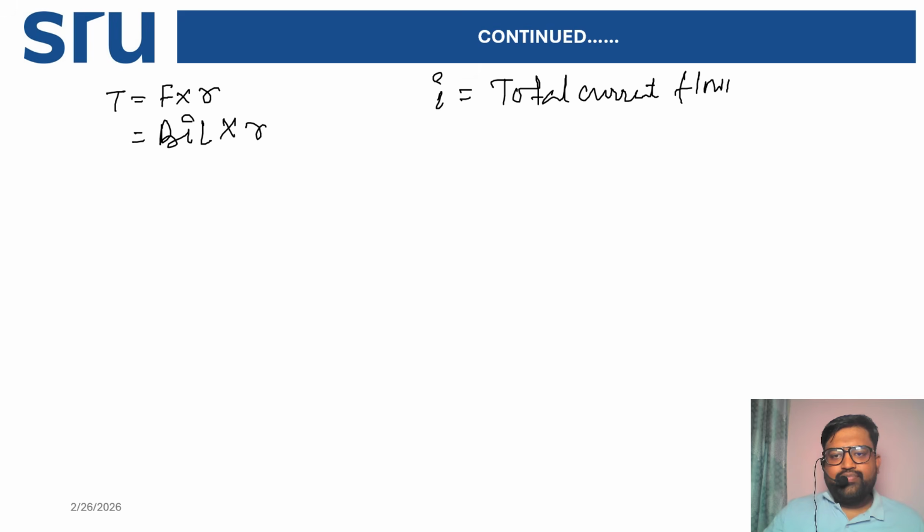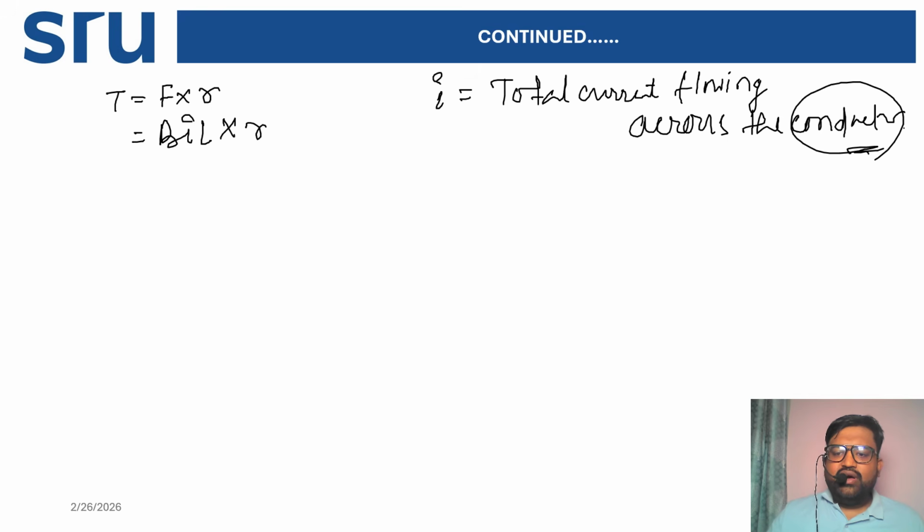flowing across the conductors. And how many conductors are present in the armature? That is your Z. Z equals the number of conductors.